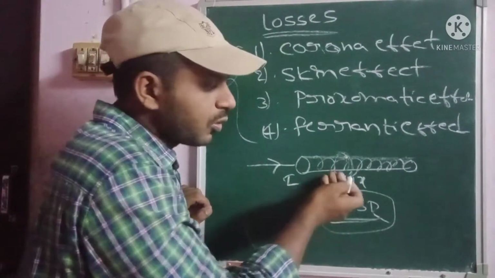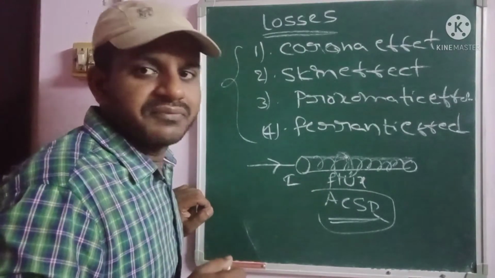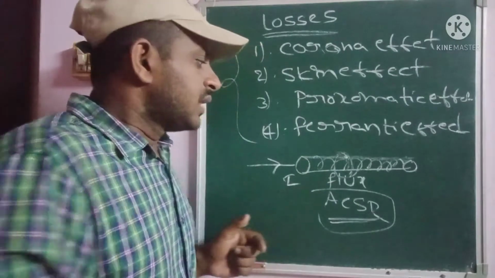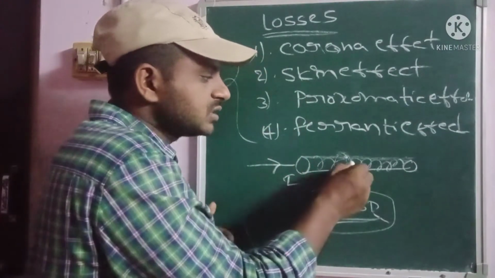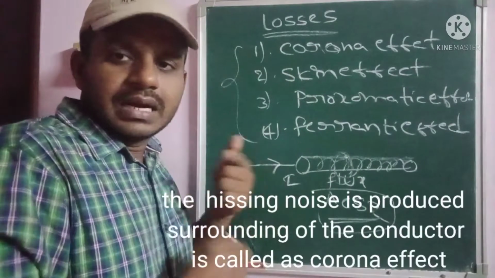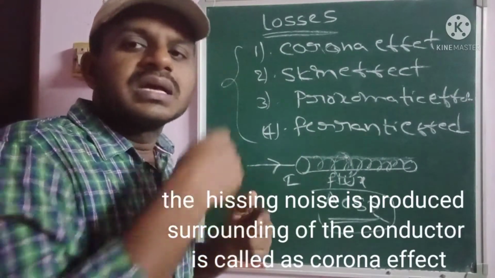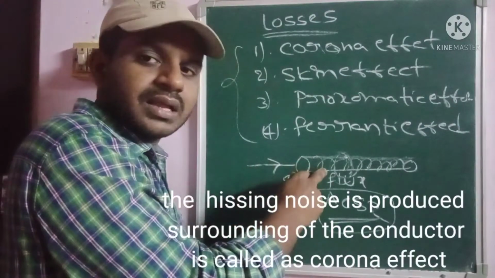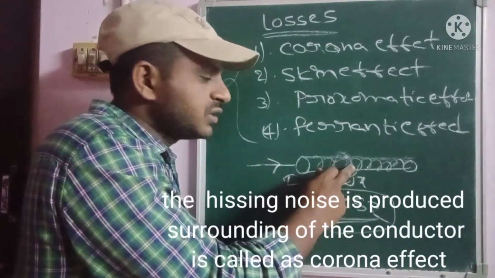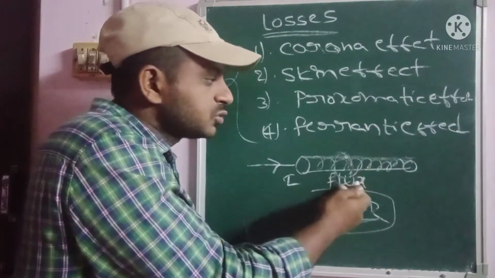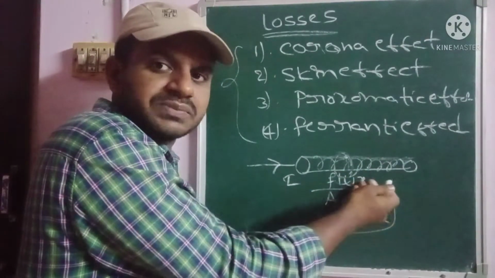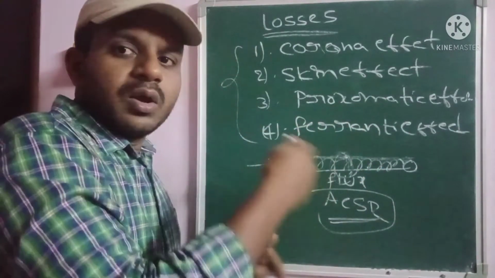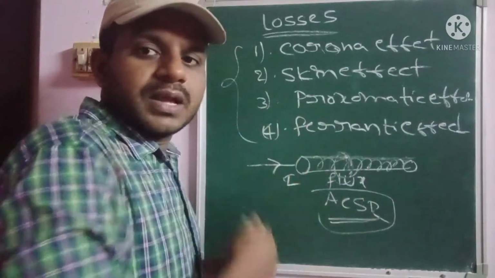This is called the corona effect. The corona effect can simply be judged as the hissing noise produced around the conductor. Whenever current flows into the conductor, flux is produced and acts through the medium of air, surrounding the conductor.